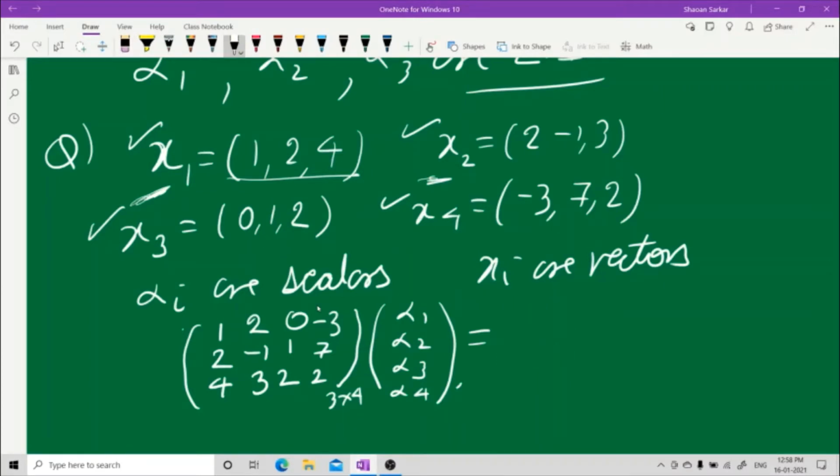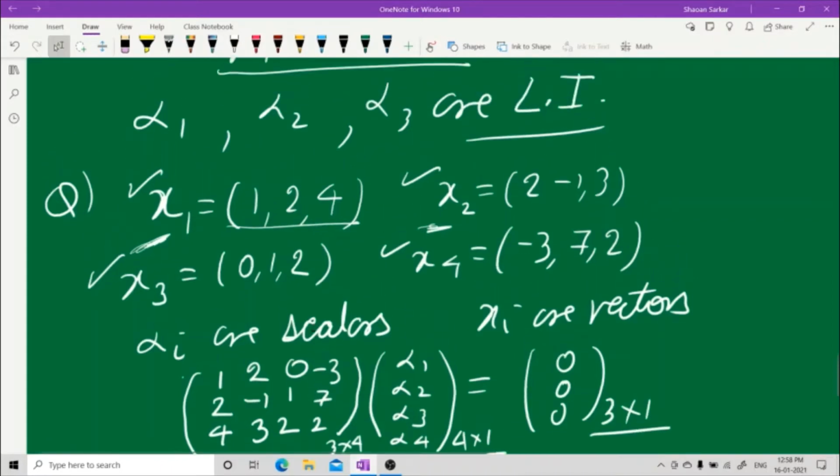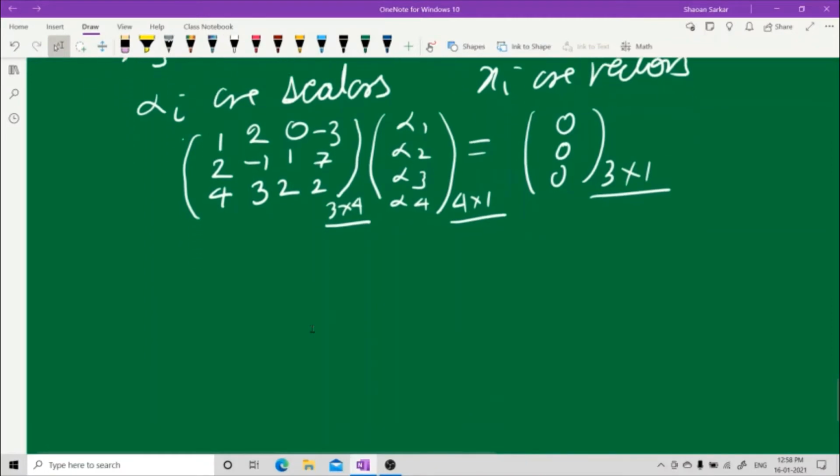This is a 3 cross 4 matrix, this is a 4 cross 1 matrix, and the result will be a 3 cross 1 matrix. Keep this always correct, otherwise we will land in trouble. Now what I will do is take the row operations, only row operations. No more column operations will be used, or you will use column operations in the normal form that I showed you earlier.